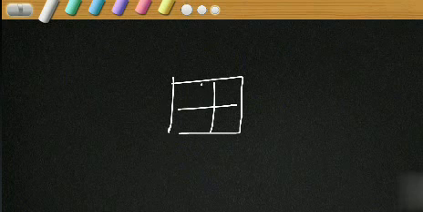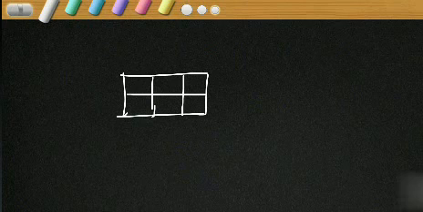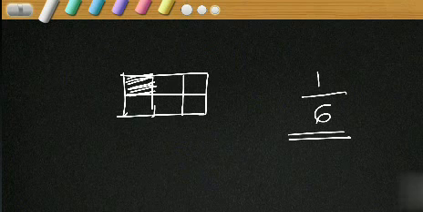Suppose we have divided this figure into 6 equal parts, and shaded only 1 from this. What is the fraction for this? Yes, 1 only shaded out of 6. 1 by 6 is the fraction for this.